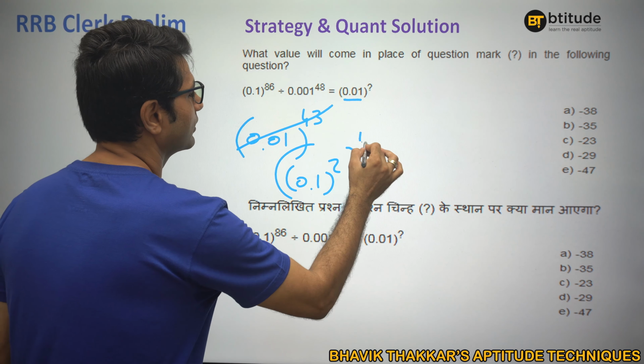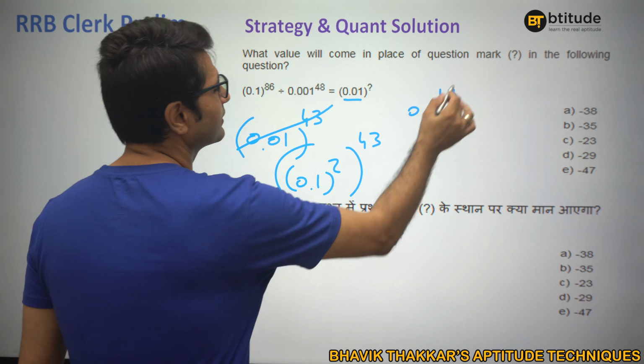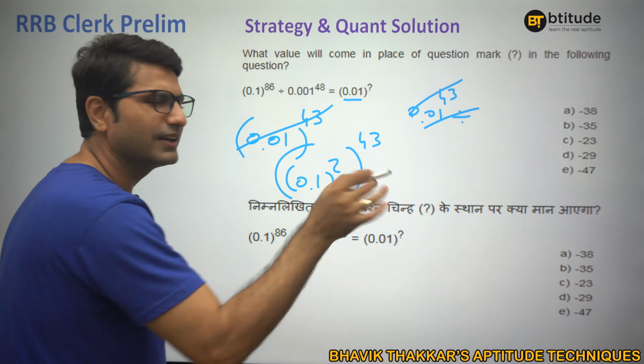0.01 raised to 43, divided by... Now if I want to make 0.01 here, it is not possible actually. So rather I would make everything into 0.1. That way maybe it will be easier.